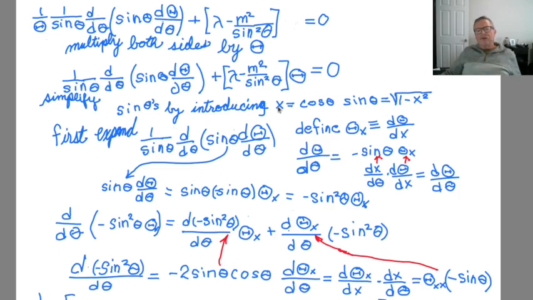Well, we're going to say that this symbol here, capital theta sub x, is the first derivative of theta with respect to x. So whenever you see that, that's the first derivative with respect to x.